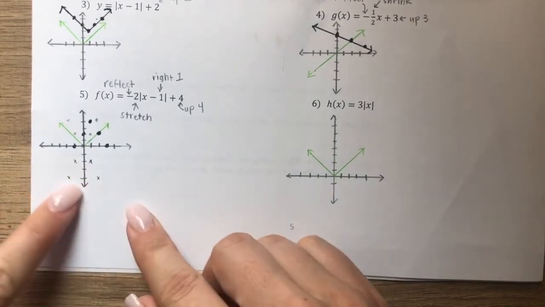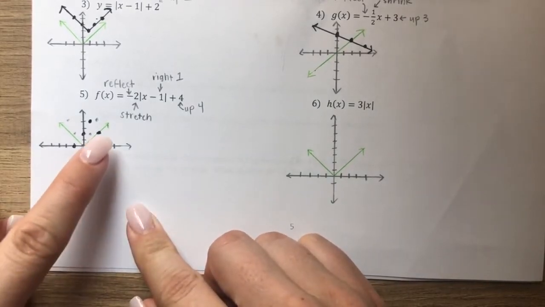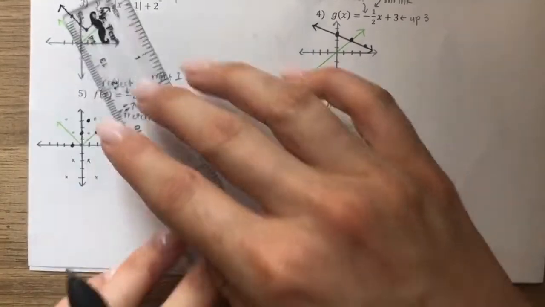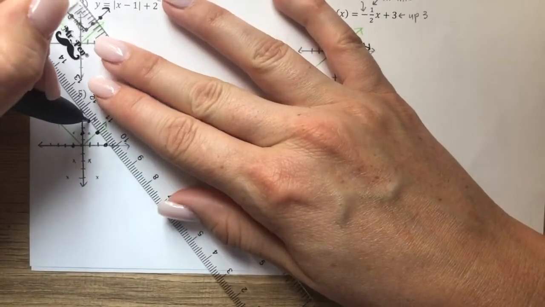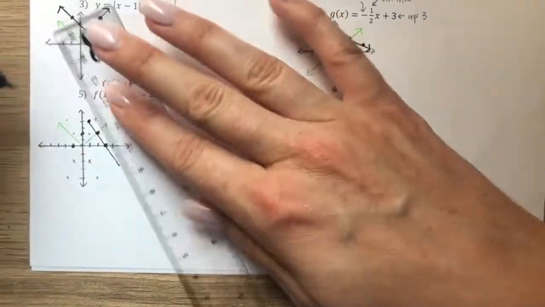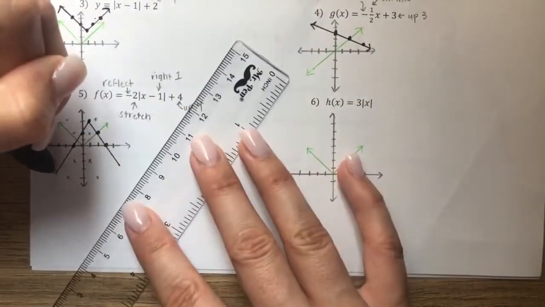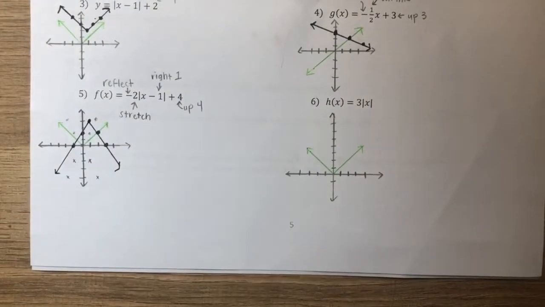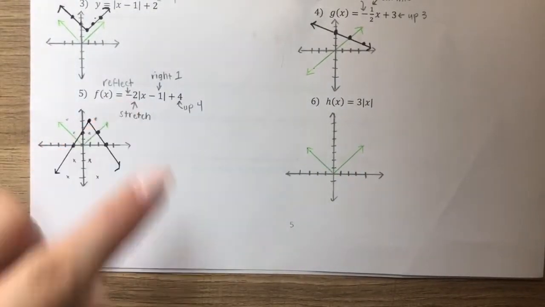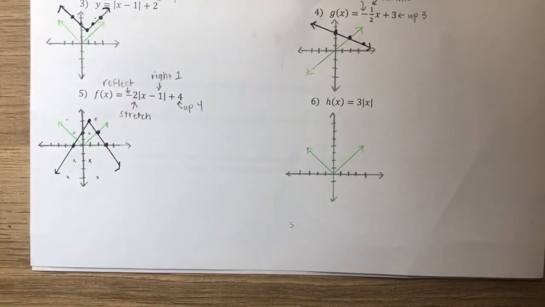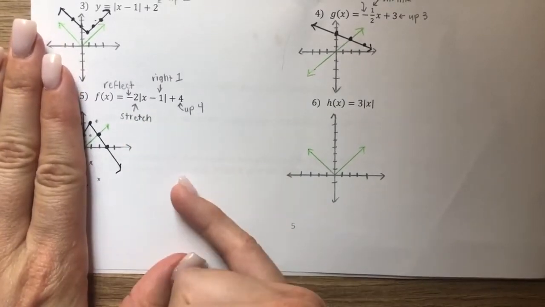Again, if you would rather just count these off, shift them all right 1, up 4, you can totally do that. So another way that you may have done it in the past, and you're welcome to do it now, is by viewing it more like a slope. If I have a negative 2 out in front, that means that my slope along the right side of the vertex is going to be negative 2.